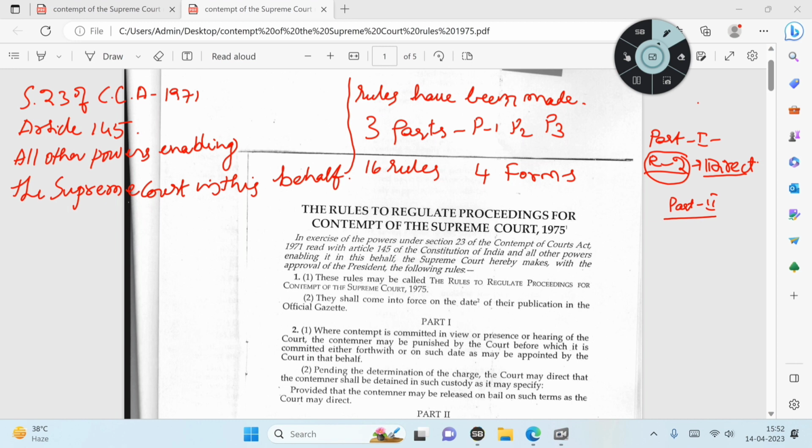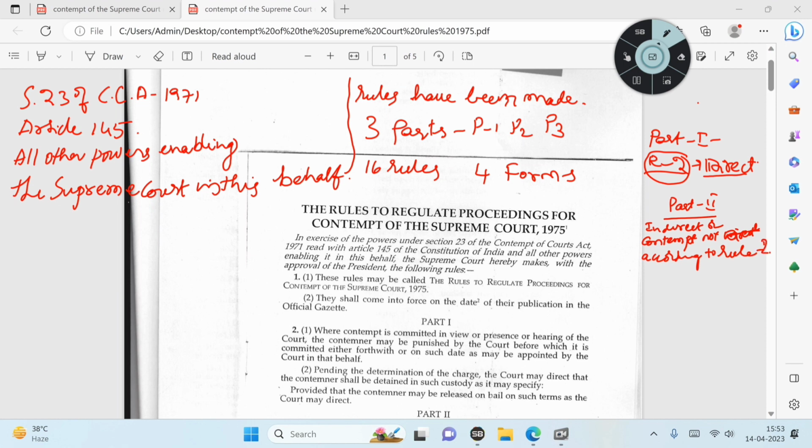Next, Part 2 deals with the other type of contempt, that is called criminal contempt. We can call it indirect contempt, or contempt not directly according to Rule 2.